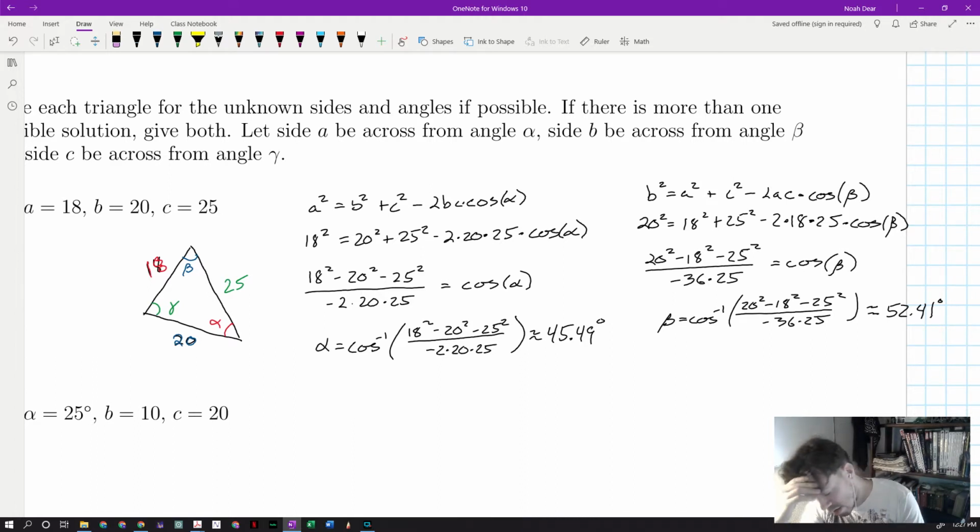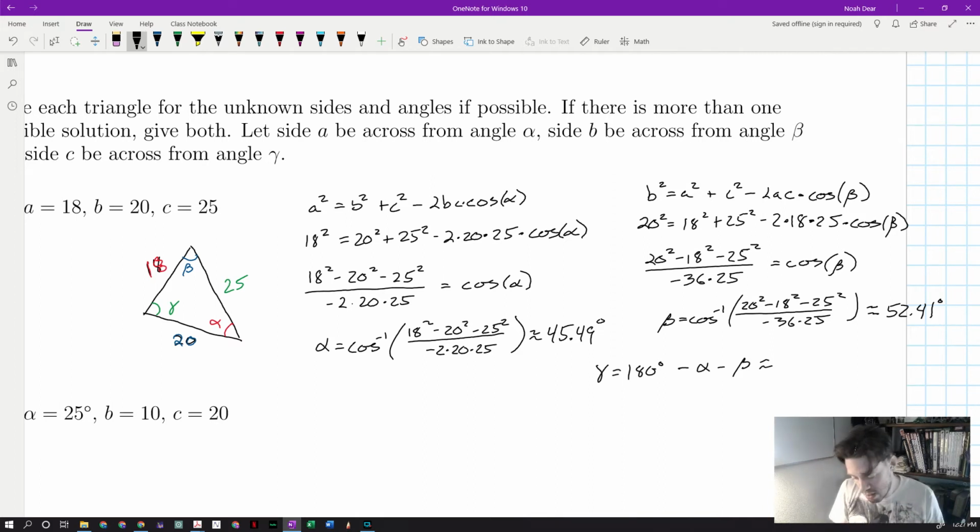So then gamma equals 180 degrees minus alpha minus beta, which will work out to approximately 82.10 degrees.